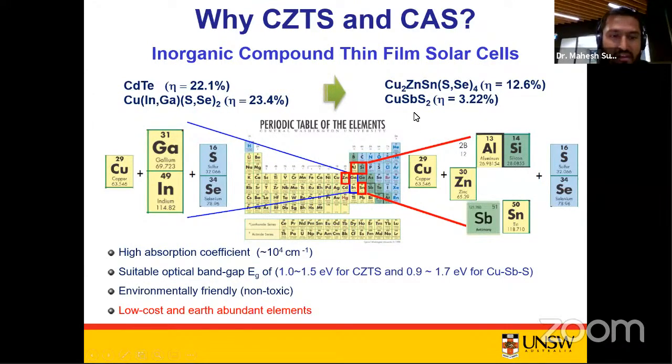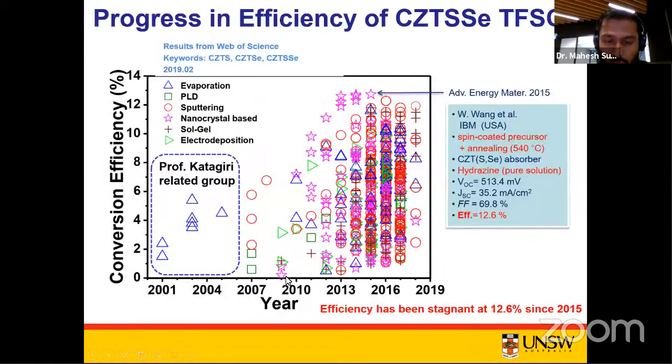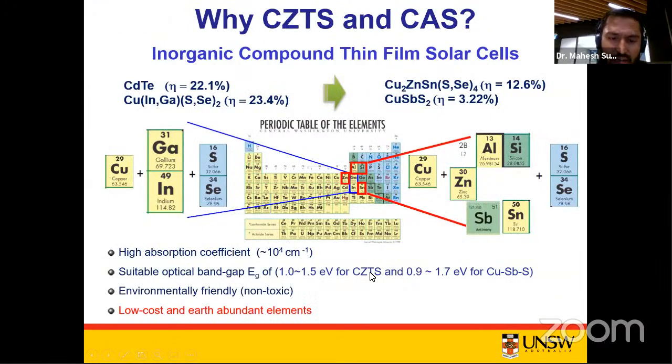Again, both of these compounds have a high absorption coefficient over 10^4 per centimeter, and a suitable optical band gap energy of about 1.0 to 1.5 eV for CZTSSe. So we can achieve this variable band gap energy between 1 and 1.5 eV by varying the selenium content, as well as by partial cation substitution of either zinc with germanium or copper with silver, and many more.